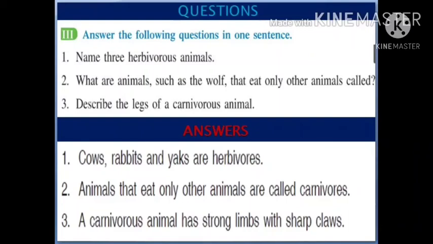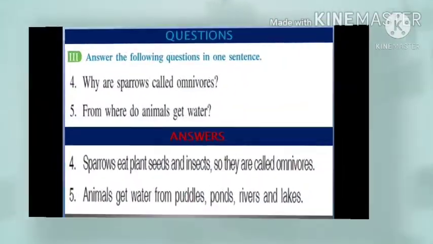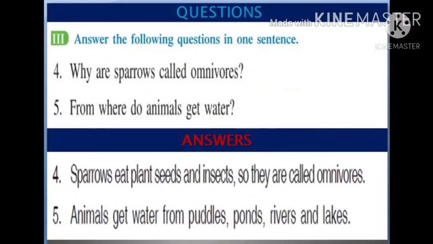So they have strong limbs with sharp claws. Fourth, why are sparrows called omnivores? Answer: sparrows eat plant seeds and insects, so they are called omnivores. So sparrows eat plants and also other animals like insects. That is why they are known as omnivores.